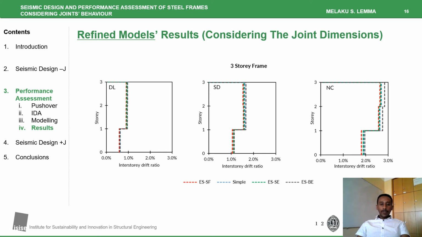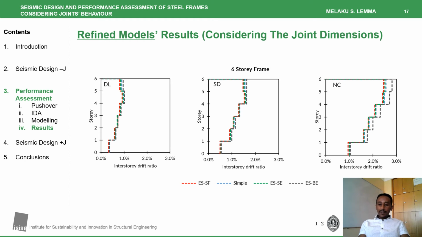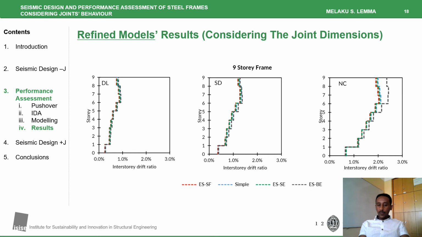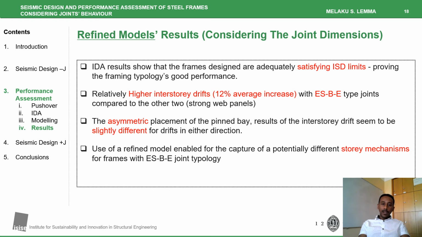The results of the analysis show more or less similar performance under the damage limitation and severe damage limit states, but their differences become evident in the near collapse limit state, as you can see from the figure here. And these differences continue magnifying as the number of stories increases. Nonetheless, the 1% interstory drift limit has been fulfilled in all models throughout the analysis.